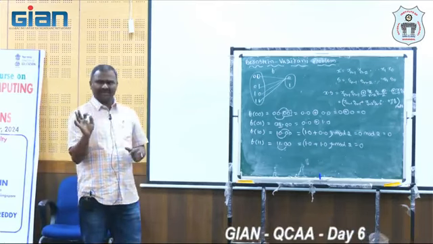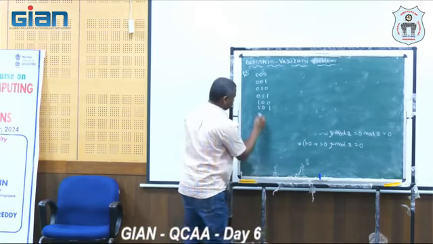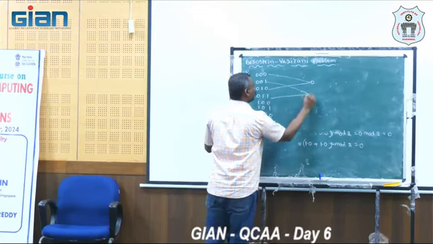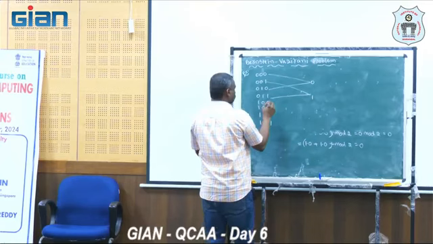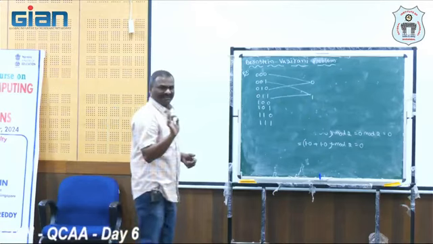Example: 0 0 0. If such an s doesn't exist, that also you should be able to tell.